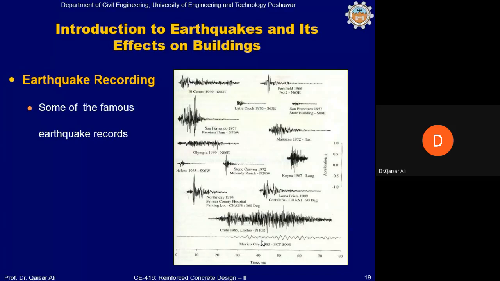As we have discussed in detail, the frequency of the earthquake waves will be very small as you move away from the epicenter. So this is a typical example of that. Low frequencies can be seen in this earthquake.